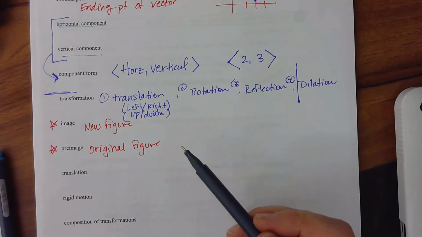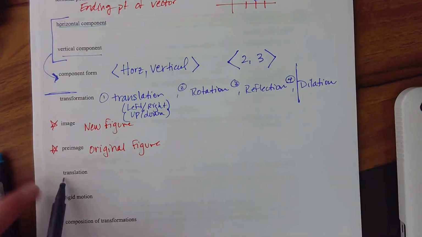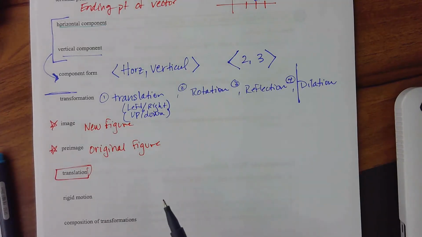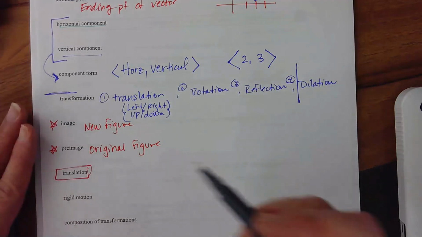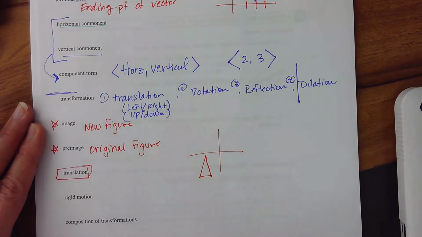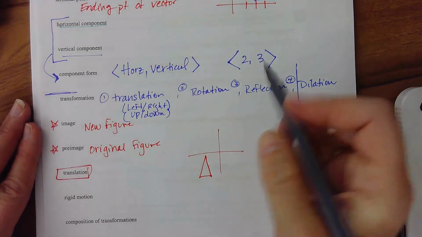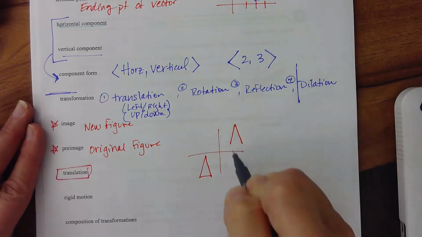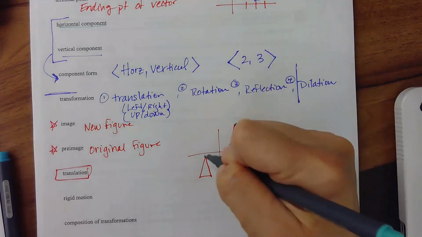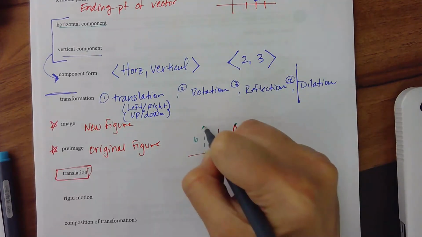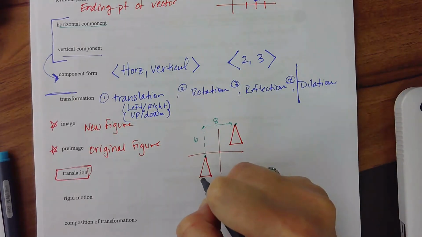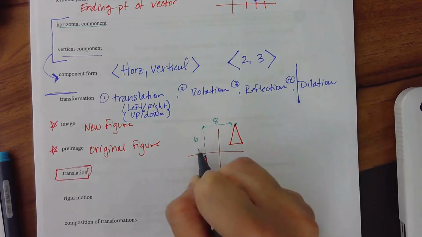So we talked about a translation. Like I said, a translation moves every point, and this is what we're going to highlight today. A translation moves every point in your figure the same amount in the same direction. If I had an isosceles triangle, and I wanted to move it up and right, if I moved this point up 6 and right 8, every point in my figure is moved the exact same way: up 6 and right 8.